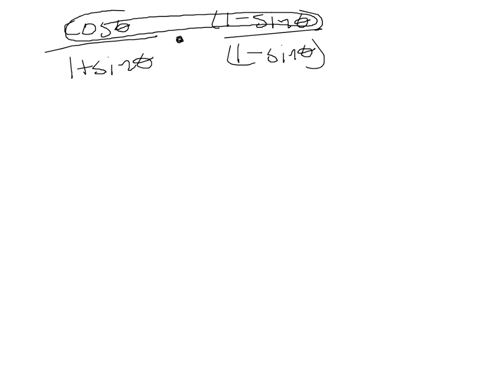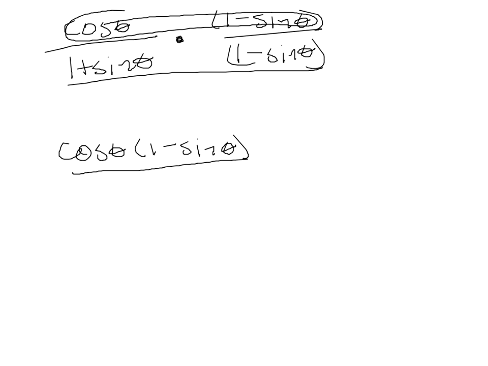I multiply across the top. Multiply across the bottom, and what I get, this is like 1 plus x times 1 minus x, and that is, we just saw that difference of squares. It's the factored form of difference of squares.